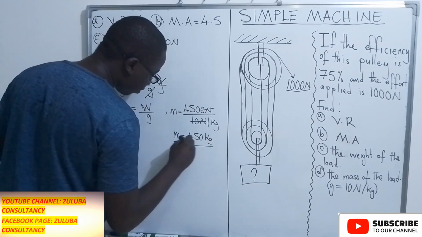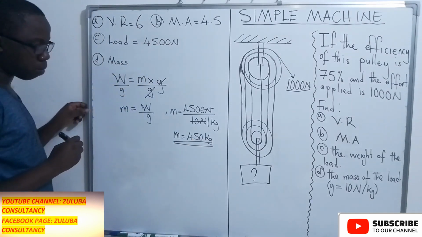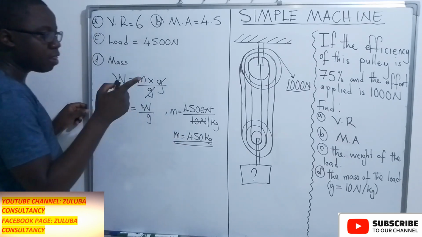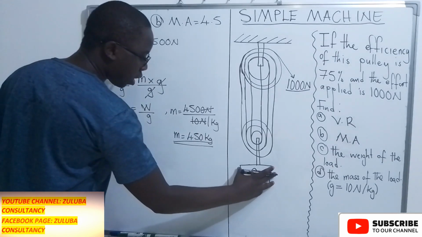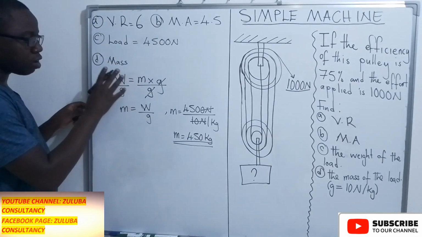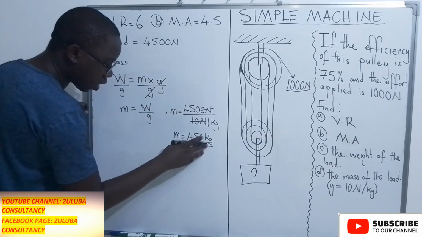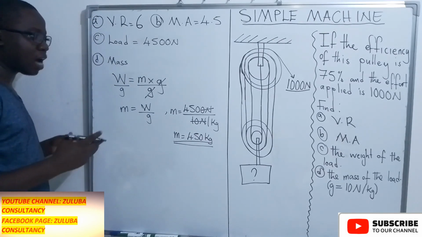Remember, mass is measured in kilograms. So this becomes the mass that this load has. We have used the relationship between mass and weight to manage to calculate this mass.